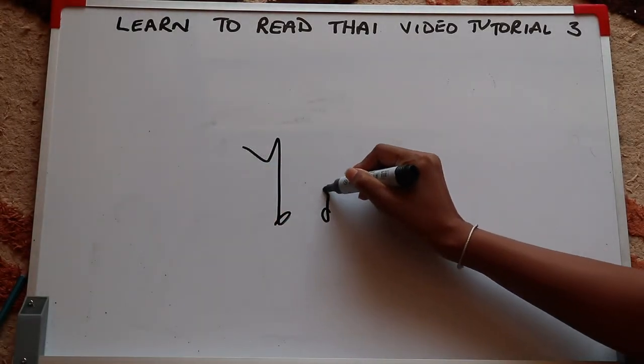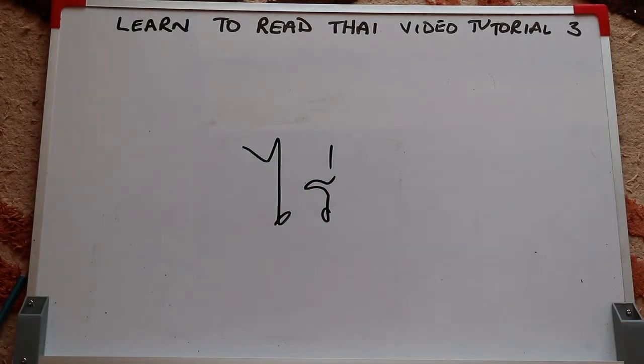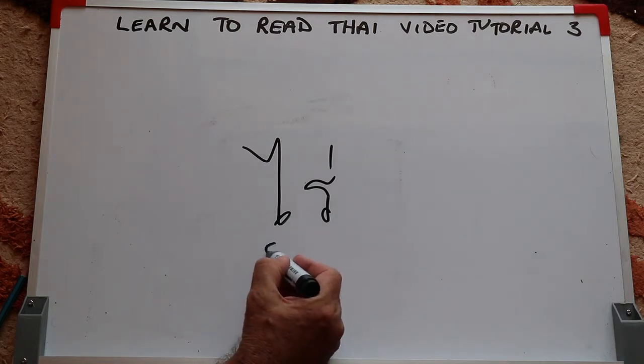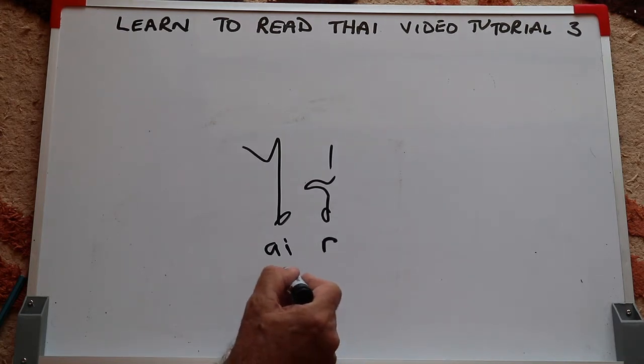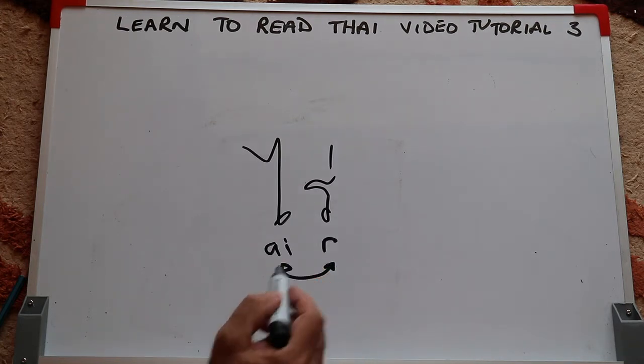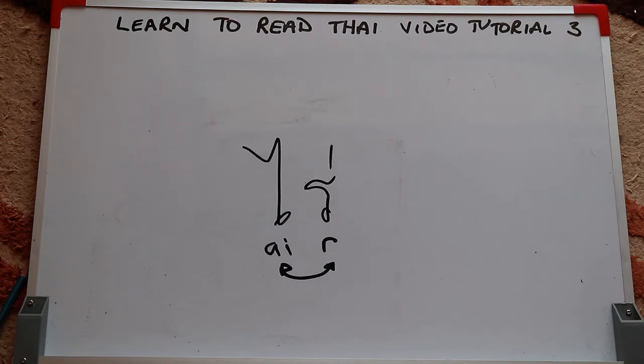If you buy land, you will see Thais use the measurement rai, which is equivalent to 600 square meters, and that's what this word says. So we have the short I again, and then an R consonant, and swap those round for pronunciation. Rai.